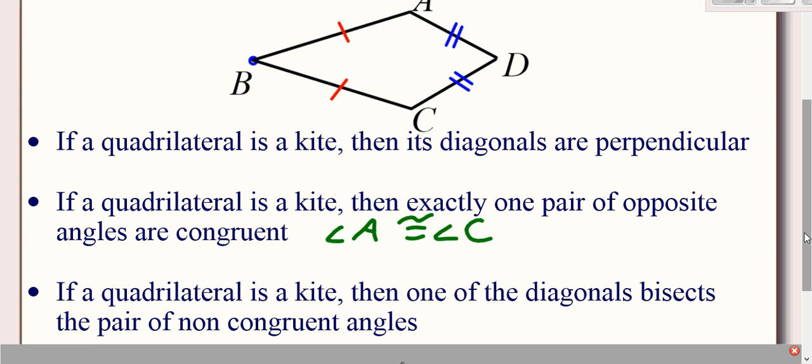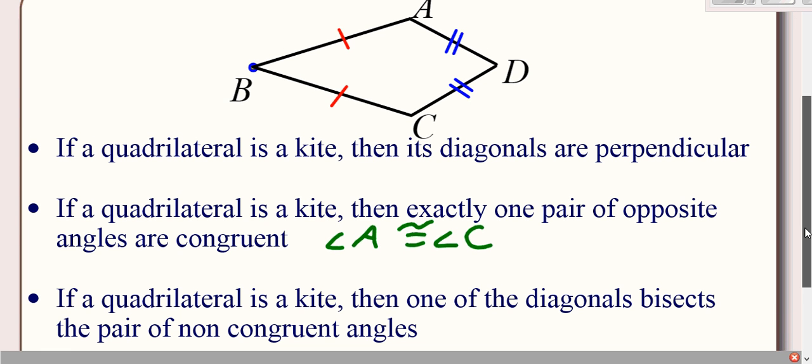The other thing that happens is one of the diagonals bisects the pair of non-congruent angles. So this diagonal, BD, bisects both angle B and angle D. Angle B gets cut in half, and angle D is bisected also. It's cut in half.